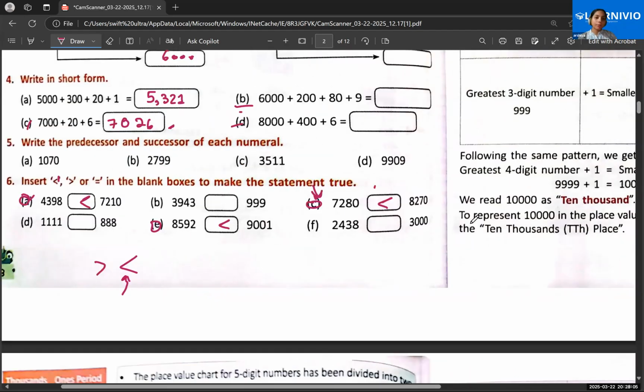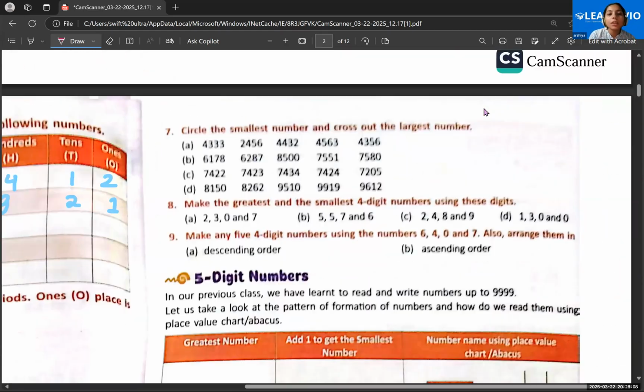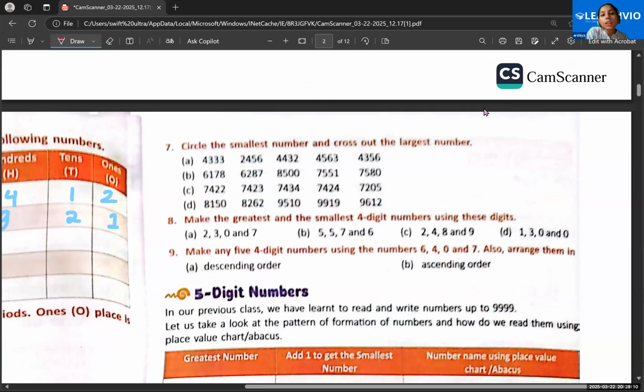Yes. Okay. Now in question number 7, we have to circle the smallest number and cross out the largest number. They have given 4 numbers. We'll make a cross on the largest, and we will circle the smallest. Can you tell for A which one is the smallest?